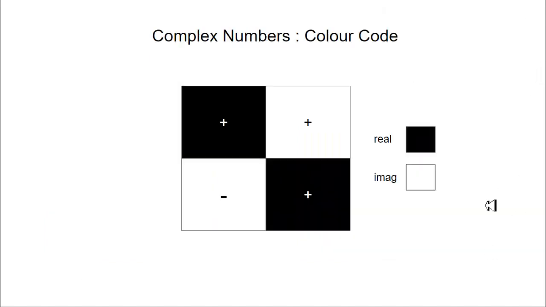So to recap, I thought it would be interesting to try to explain complex numbers, the 2x2 matrix form of complex numbers, using a color code. For the complex number, we have black and white: the forward diagonal is black and the backward diagonal is white, and the forward diagonal has the same sense in terms of plus and minus, and the backward diagonal has the opposite sense.